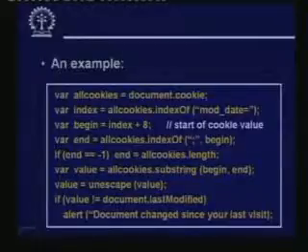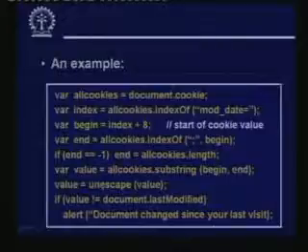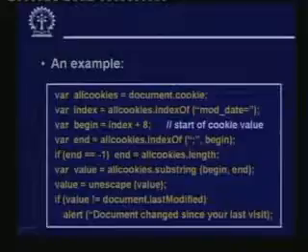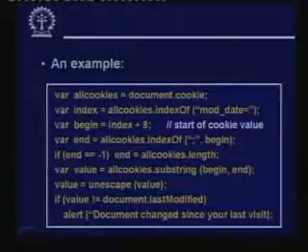This entire substring will be the value, and you can use unescape to convert all those special character escape sequences to their original white spaces and punctuation symbols. You get the original value of the cookie.